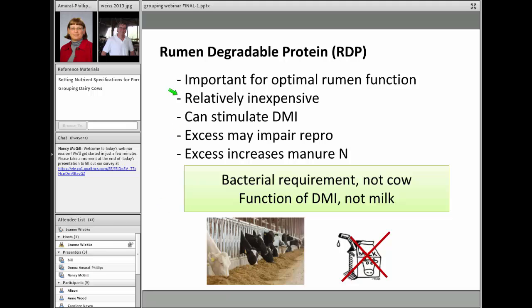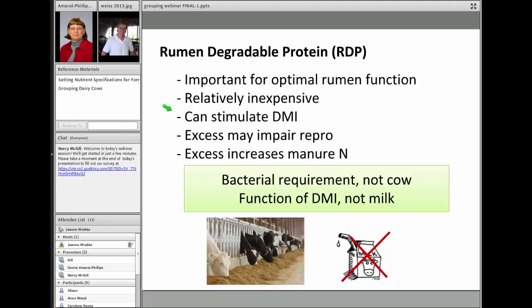Some things you should keep in mind. One is this is not an expensive nutrient in general, so you can afford to feed extra. But you have to couch that in that excess RDP may have some negative effects on repro. This usually requires being pretty high, but it increases manure nitrogen. So there are both environmental regulations and just good stewardship that demand we don't increase nitrogen excretion too much.